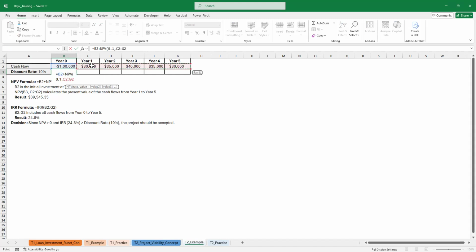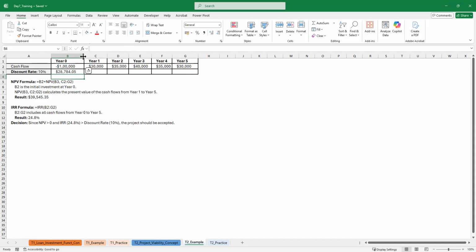Then these are the different values. Yeah, this is the answer which we are getting. Okay, clear?